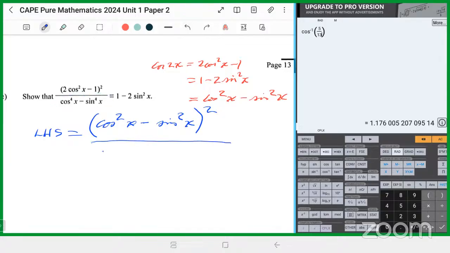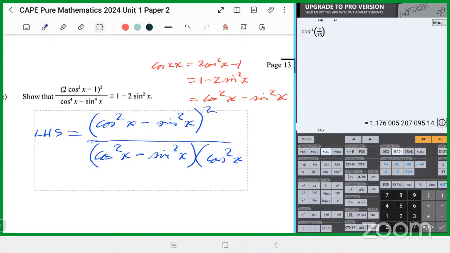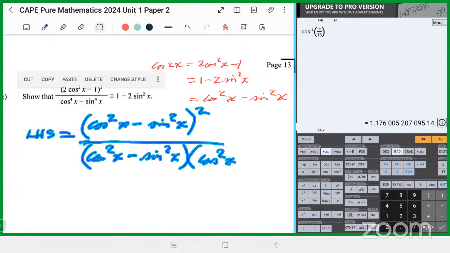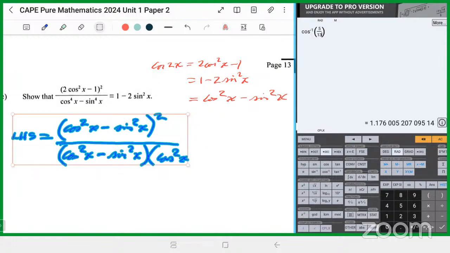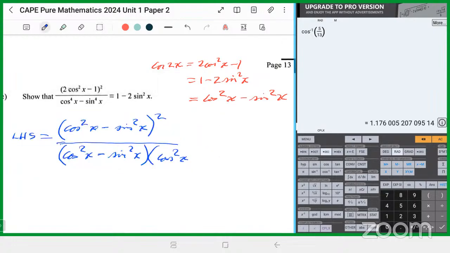It is equal to cos squared x minus sine squared x times cos squared x plus sine squared x. All right? That's the difference of two squares.